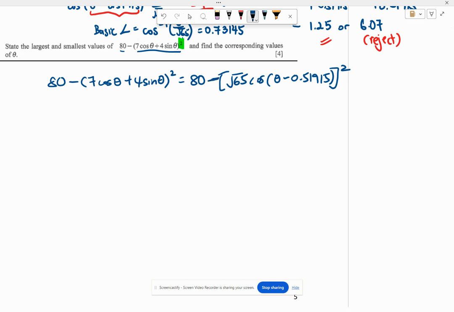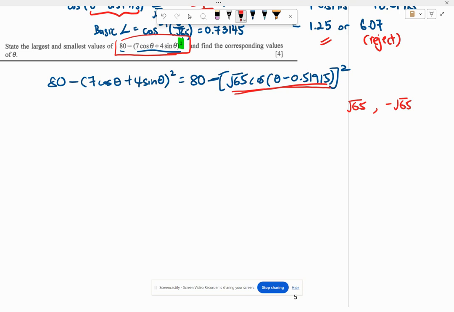Take note, they are asking you to find the largest value of 80 minus this square. Based on what we learned earlier, we know that based on this one alone, the largest is square root 65 and the smallest is minus square root 65.